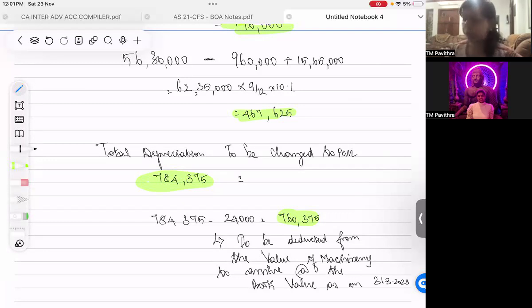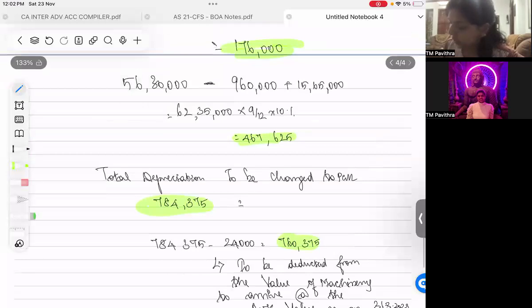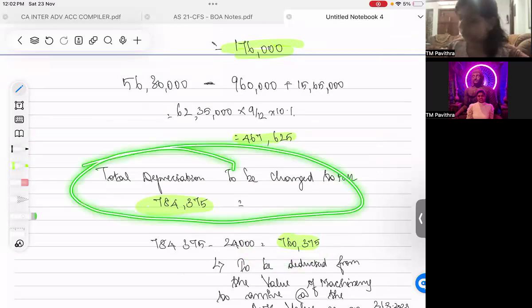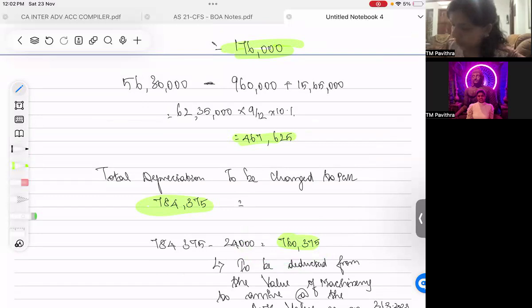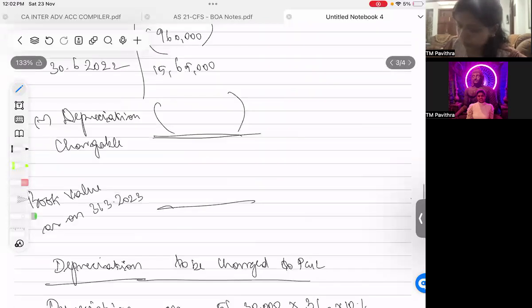So let us quickly deduct the value of depreciation that relates to the plant and machinery that we still retain to arrive at the book value of the machinery. So the amount to be deducted is 7,60,375, whereas the depreciation that is to be charged to the P&L is 7,84,375. Let us quickly deduct this said amount, 7,60,375.